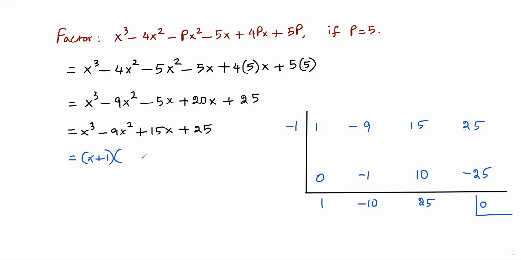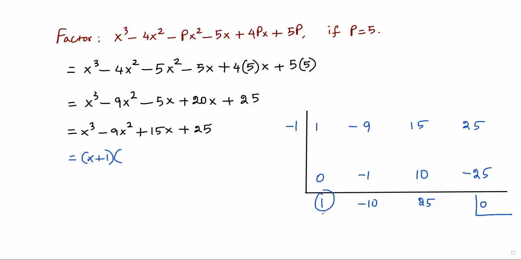Now we have to find the other factor for this cubic expression. When I divide a cubic expression by a linear expression, the quotient will be a quadratic expression. So to get the quotient, I have to write a quadratic expression using these numbers as coefficients.